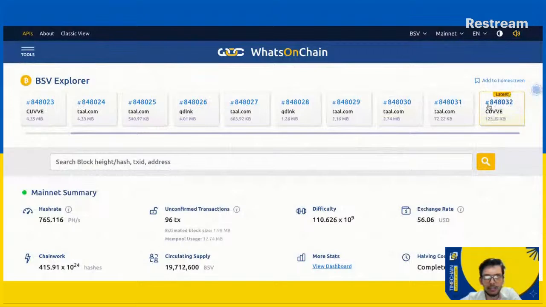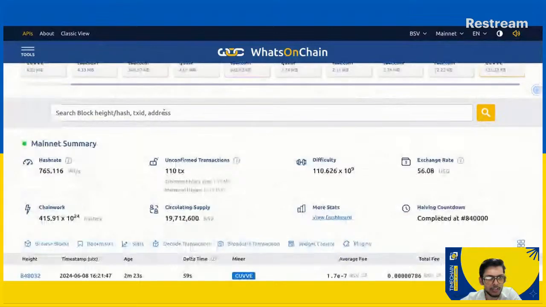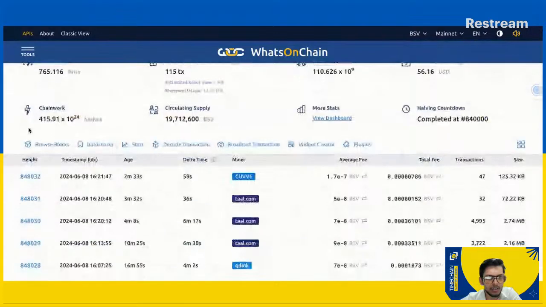This is the latest block height, created by a miner called Cub. There is Tal doing multiple blocks. There is QD Link doing a block. Like that, there are different miners competing to create different blocks. And this is the latest block on the blockchain. You can search for a transaction ID, a block height, or an address, which is your wallet address, to get transactions.